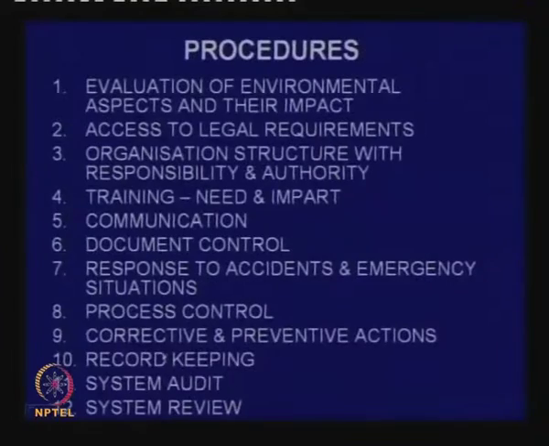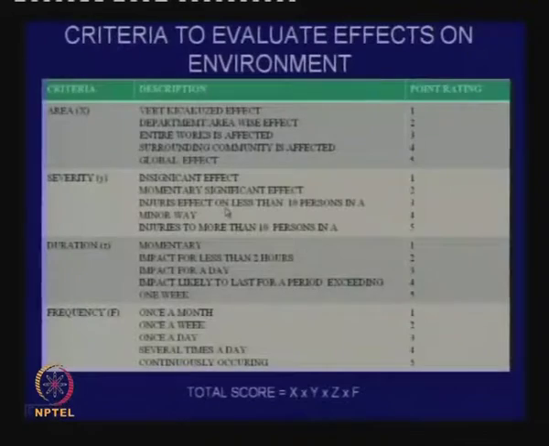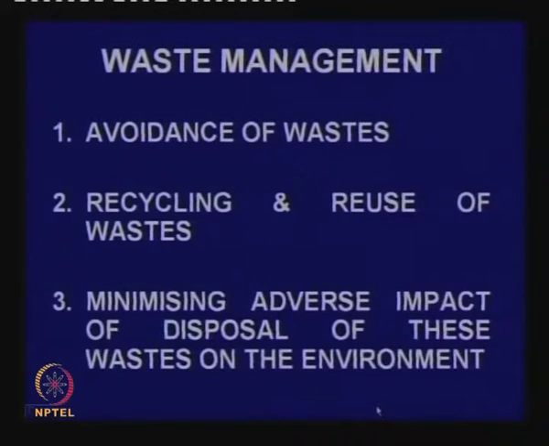policies, what are the procedures they need to adopt, what are the environmental aspects they have to consider, and how they can quantify the effect on environment using some criteria, in terms of area affected, severity, duration, frequency, and give a total score, because once you have a high score, you have to be more careful.